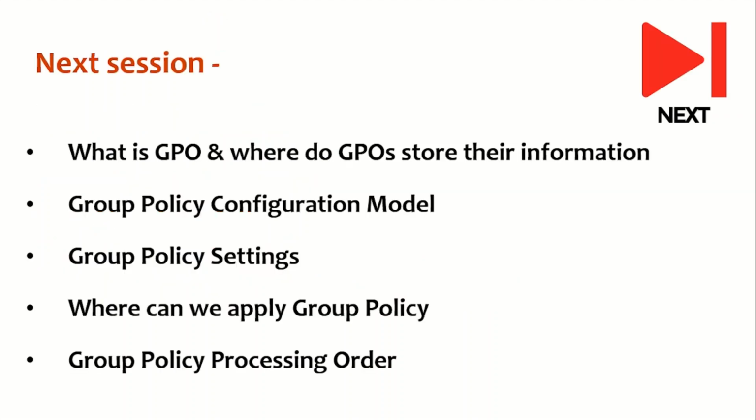In our next session, we'll look at what a group policy object is and where group policies store their information. We'll see the group policy configuration model, group policy settings, where we can apply group policy, and we'll also see the group policy processing order.